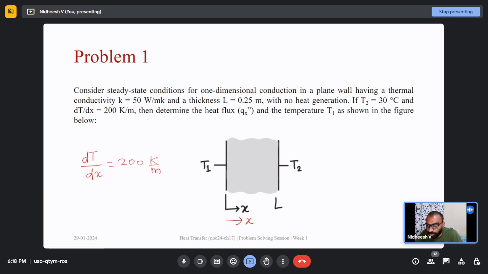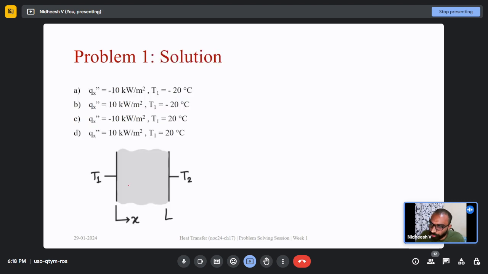Any thoughts on how to solve this problem? How to approach? Fourier law using? Yes, right. So I will list down whatever we know. T2 is given to us, T2 equal to 30 degrees Celsius.